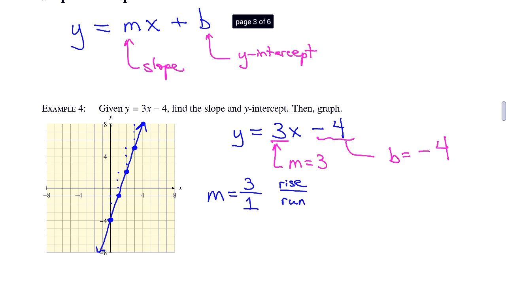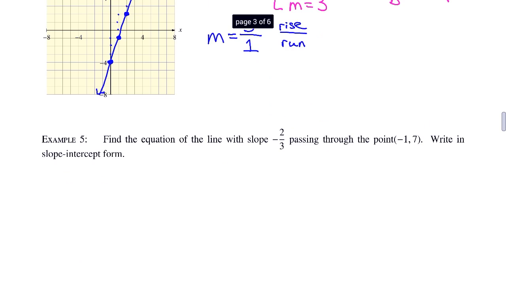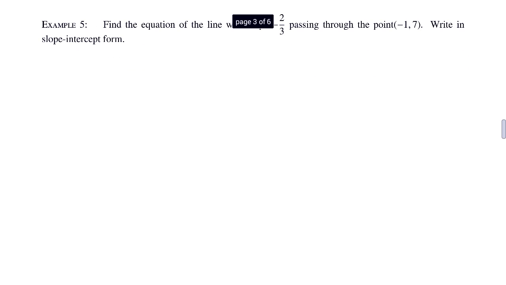Let's look at example 5. Find the equation of the line with slope negative 2/3 passing through the point negative 1, 7, write in slope-intercept form. So let me write down what we have. We have a slope equal to negative 2/3, and we have a point negative 1, 7.